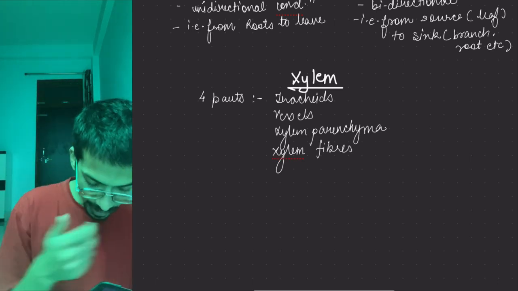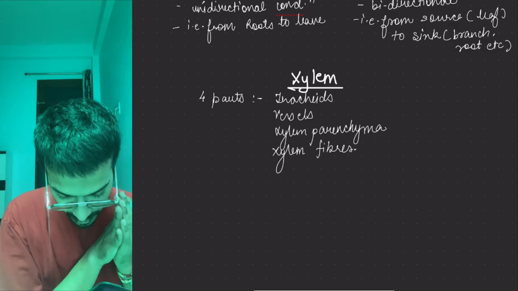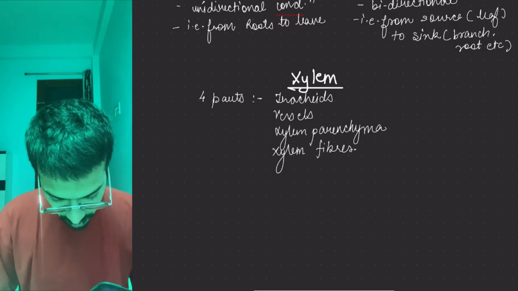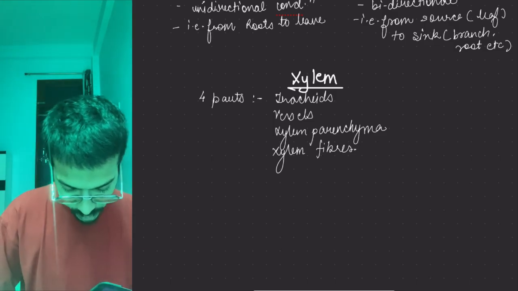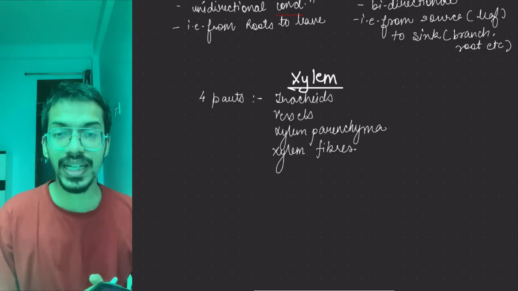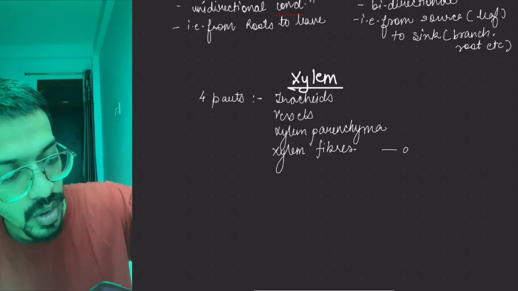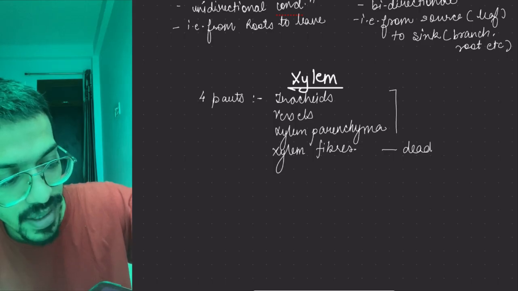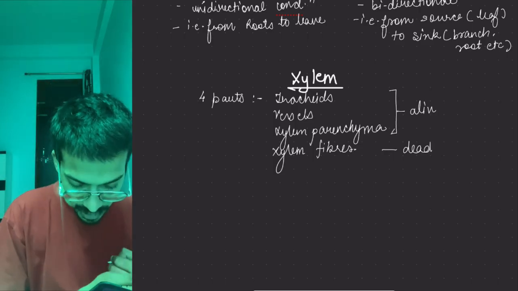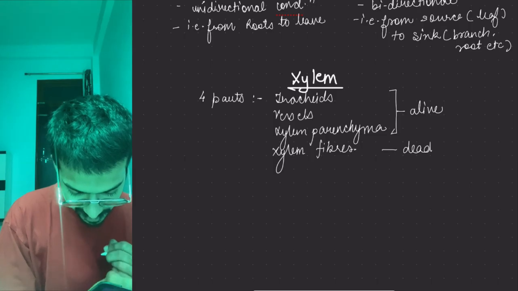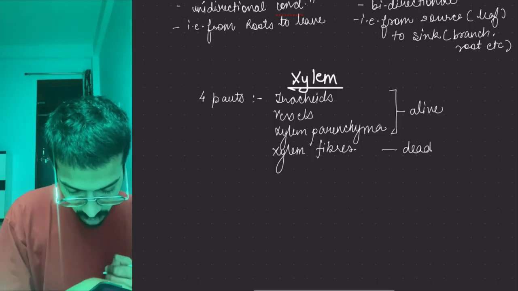Now remember that in this, the xylem fibers, they are dead because they are highly thickened ones. All these three tissues are alive. Okay, so we will remember this part also. Now, oh, wait a second.